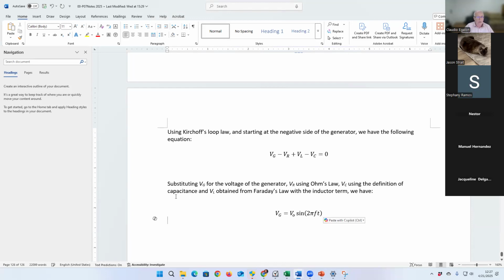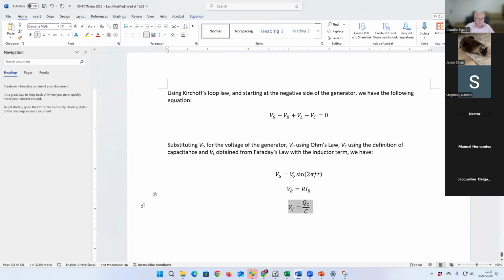I'm going to erase it here. For the voltage of the resistor, we use Ohm's law. Okay. For the voltage of the capacitor, we use the definition of capacitance. And then, ideally, we should put this one at the top, right? So you can see the natural progression: charge, current, and delta I over delta T. Okay?